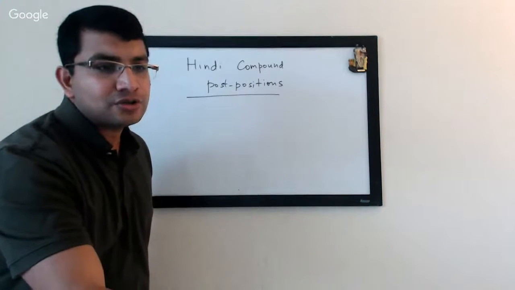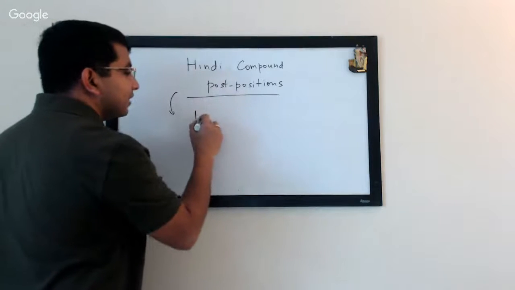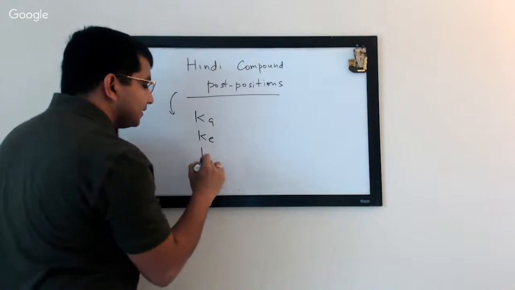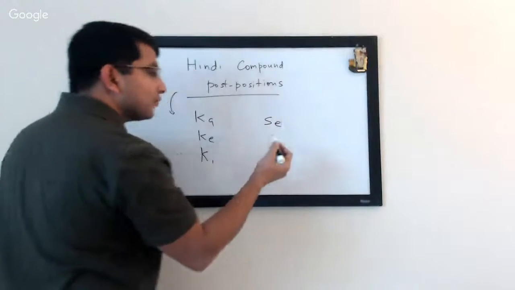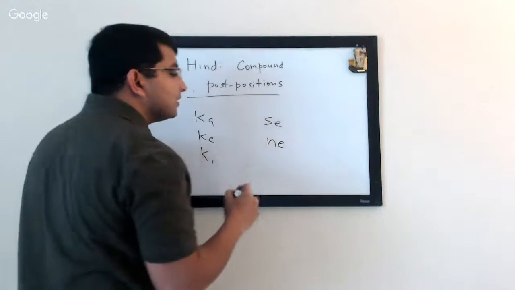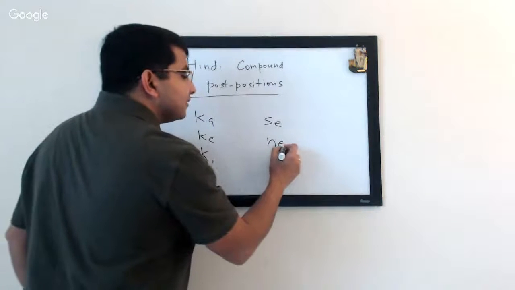Okay, so some of the post positions you are already familiar with are ka, ke, ki, se, which is from, and ne, which is used whenever you're using a transitive verb in the past tense.